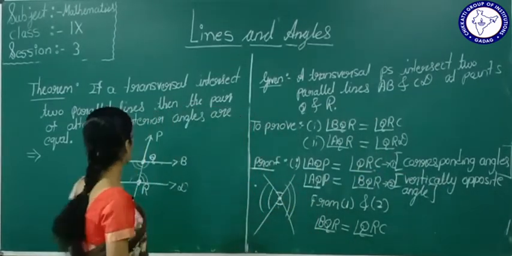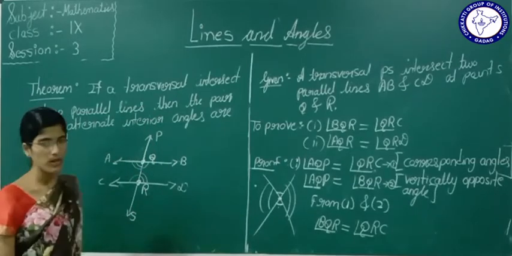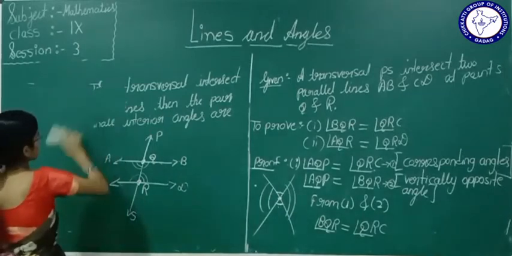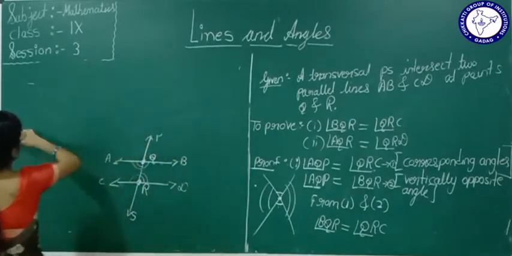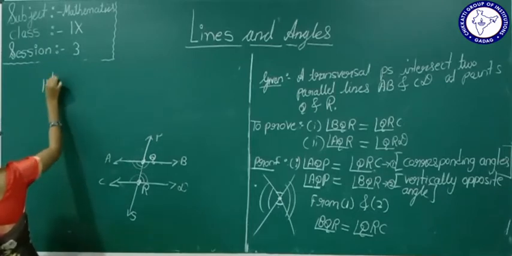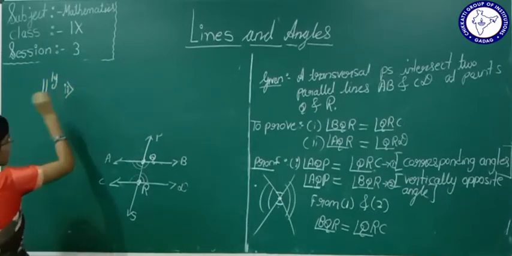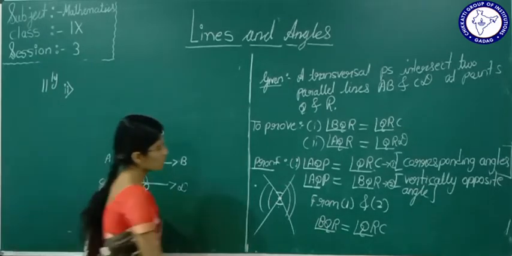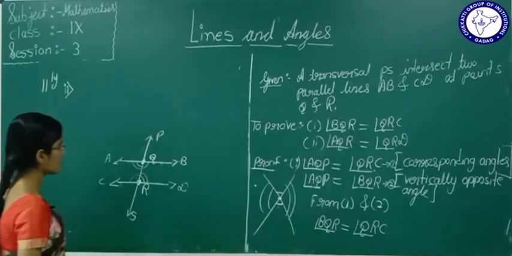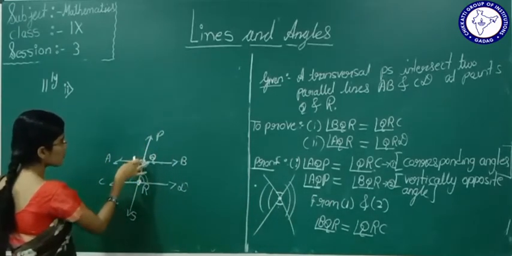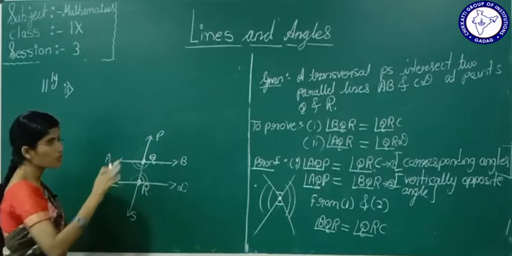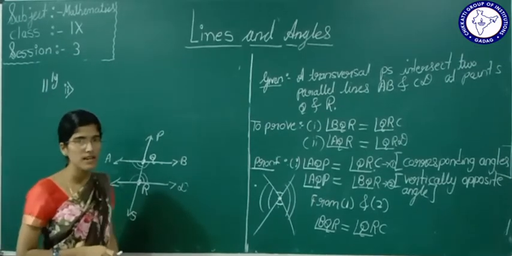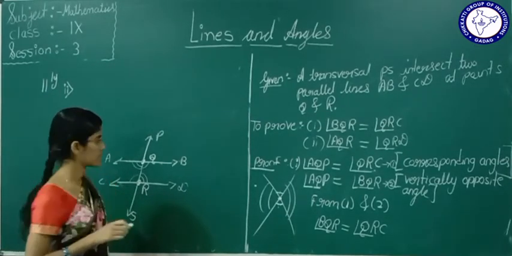In a similar way we will prove the second pair. So similarly, the second one we will prove now. One pair we got now. When two lines are parallel and a transversal intersects them, we will say corresponding angles are equal.